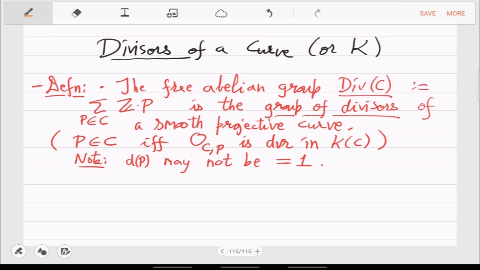What is the operation in this group? Addition. It's an abelian group, so it's addition. So for example, P1 plus P2 and P2 minus P1 plus P3 will be 2P2 plus P3.